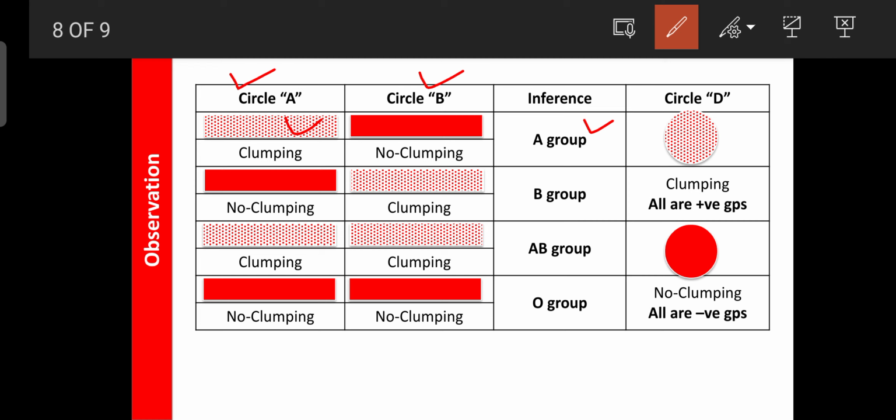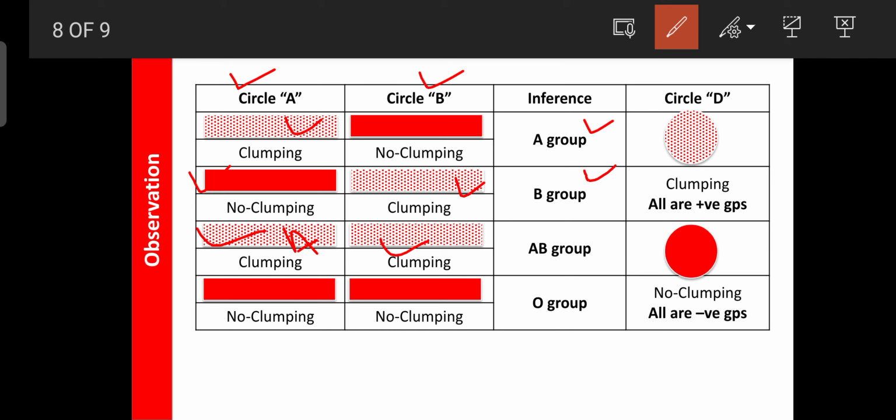Or if there is no clumping in circle A but clumping in circle B, the clot occurs in circle B but not in circle A, then that blood group is B. Or if clumping occurs on both sides, the clot occurs on both sides, it means both antigens are present.